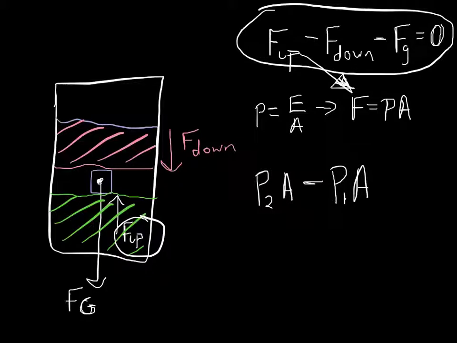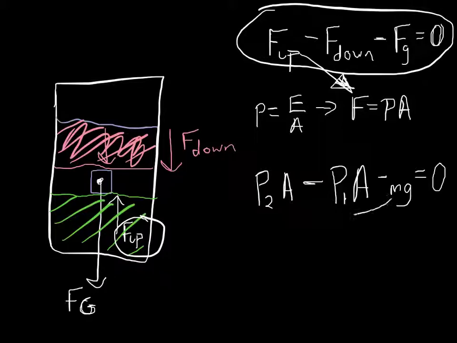Pressure 1 is going to be the pressure of all this red water weighing us down, times the area that it's applied over, the area of this ice cube. And then finally we'll have the mass of our cube times g, the force of gravity acting on it, is equal to 0.